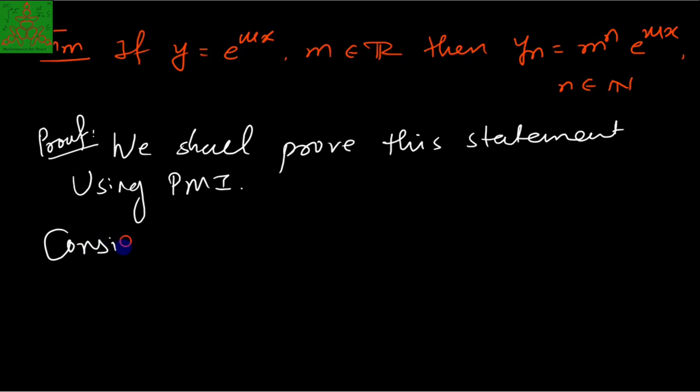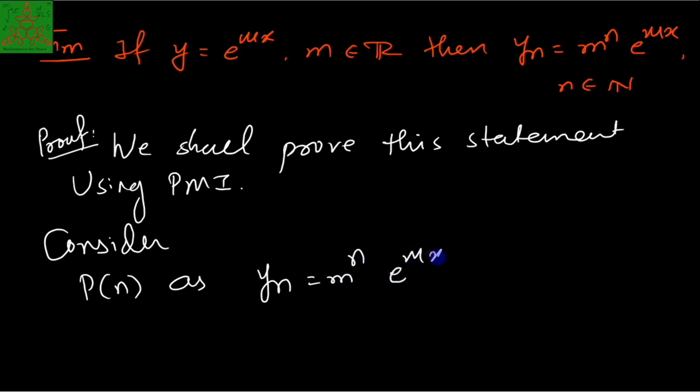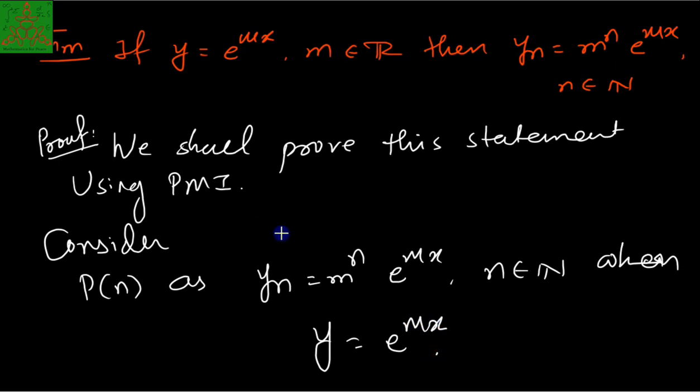Consider the statement Pn: yn is equal to m power n e power mx, n belongs to the natural numbers, when y is equal to e power mx. As per the PMI, you have to prove that the result is true for n equal to 1. Here we are given y equal to e power mx.